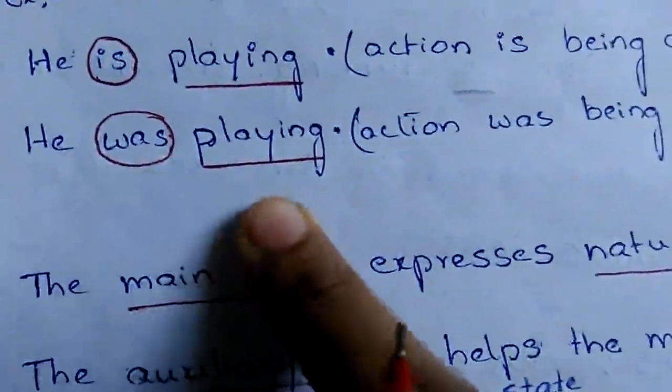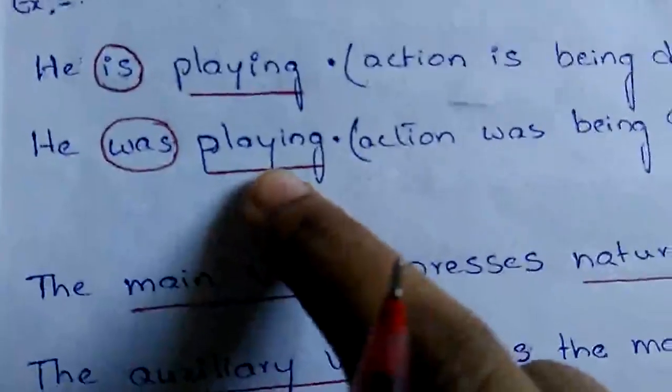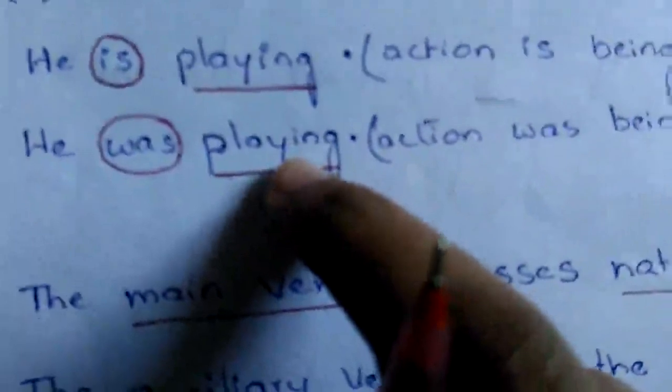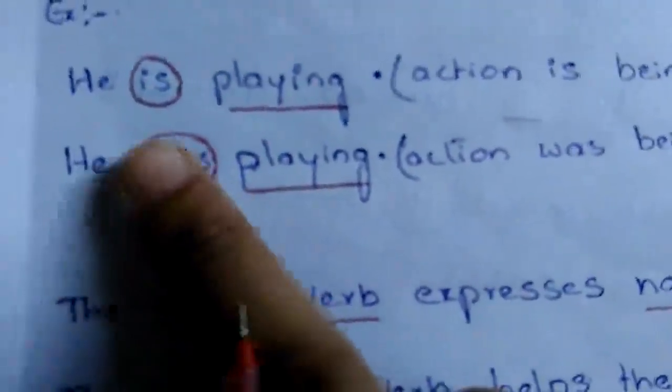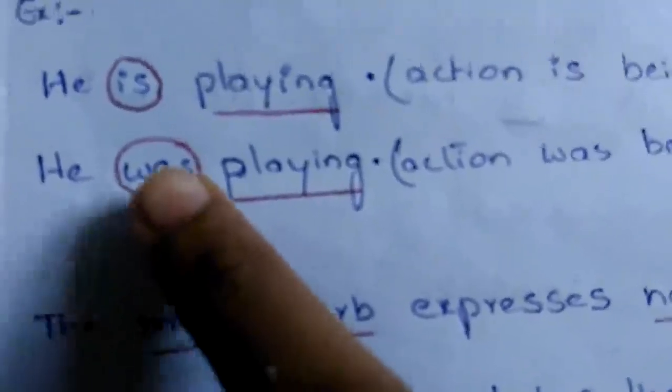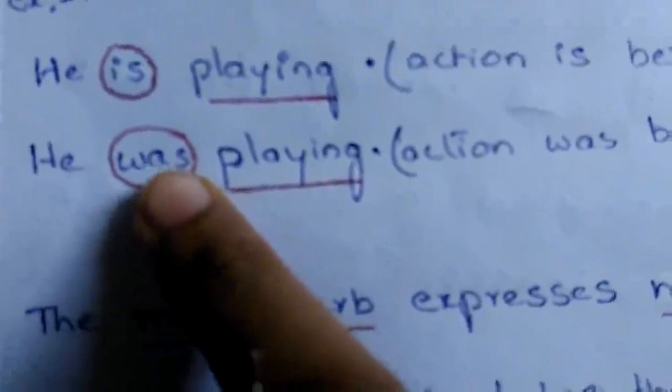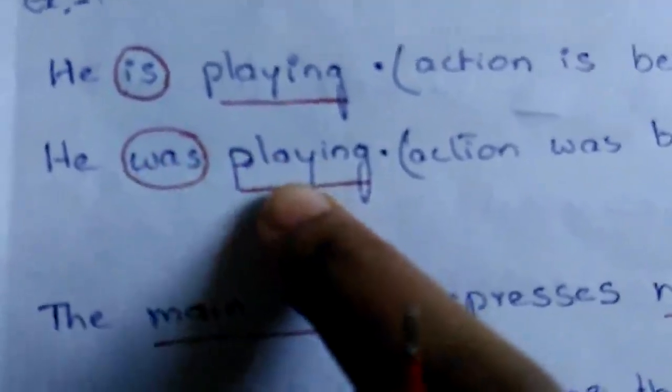Take the other example. He was playing. The same sentence and the same main verb, playing, but we have changed the helping verb. Here "was" is the helping verb, and by looking at this word, we come to know that this sentence is in past tense.